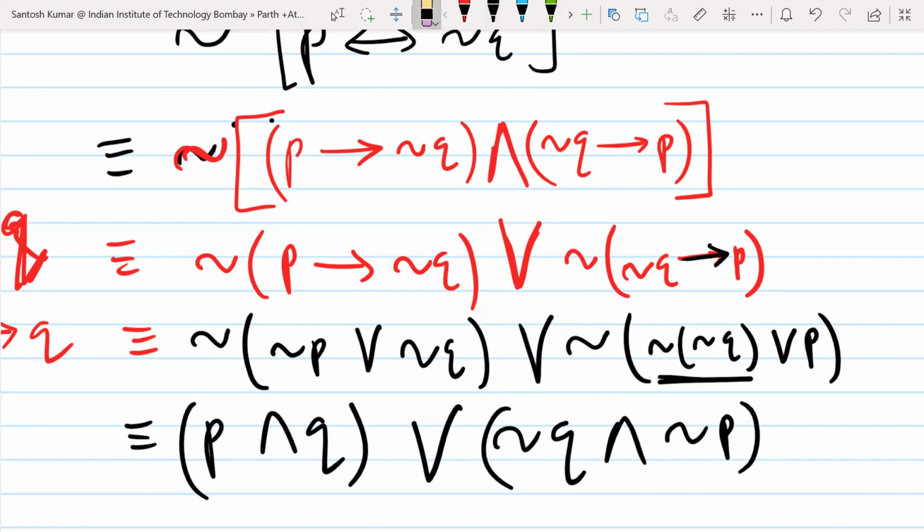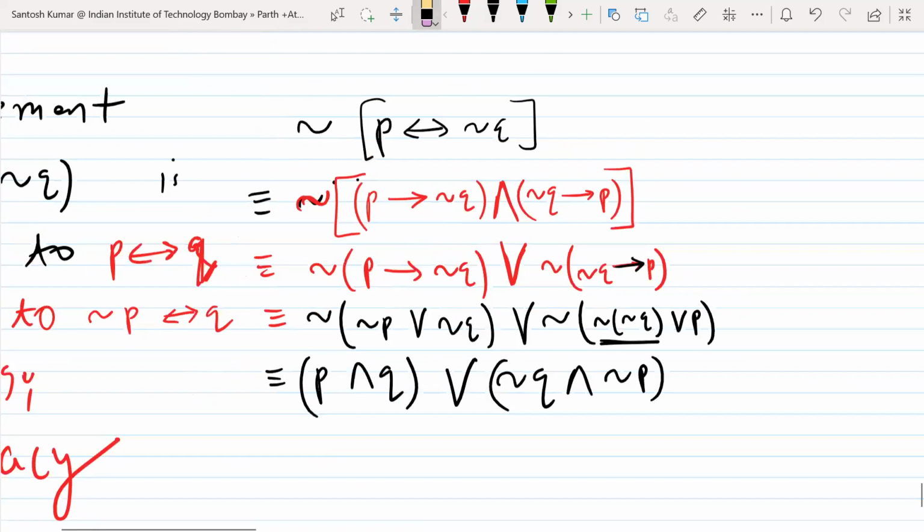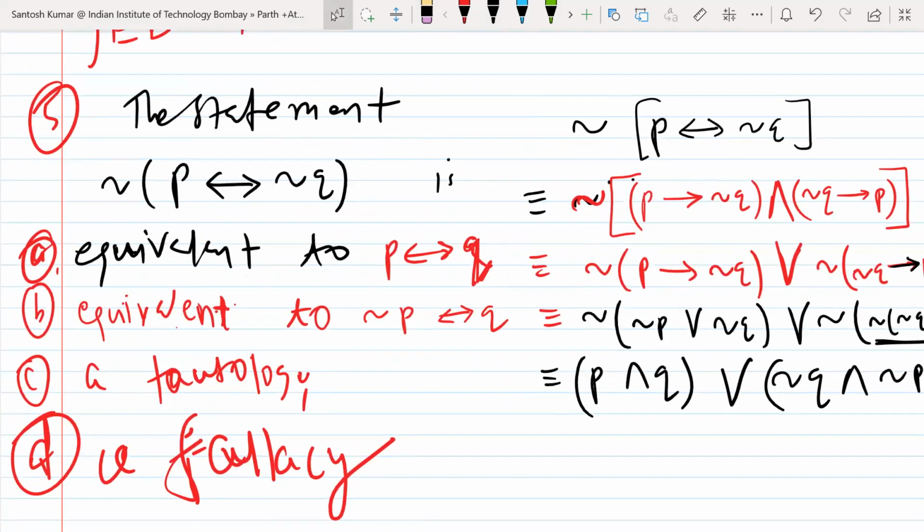Okay, so why I'm doing this? We have to see actually what we want, right? P if and only if Q, tautology, false.